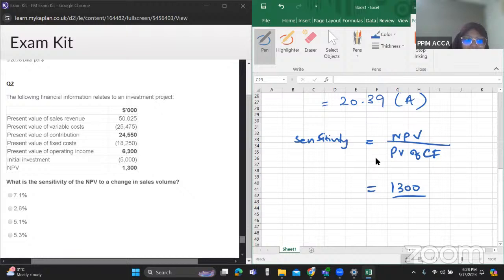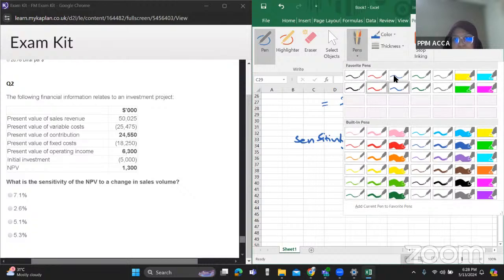So the only term that takes both of them into consideration is the present value of contribution, because in contribution we take into account sales revenue as well as variable costs. So every time they ask you for sensitivity to sales volume, the denominator has to be contribution.